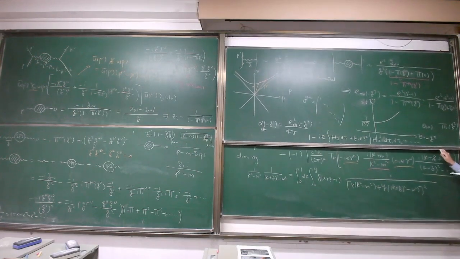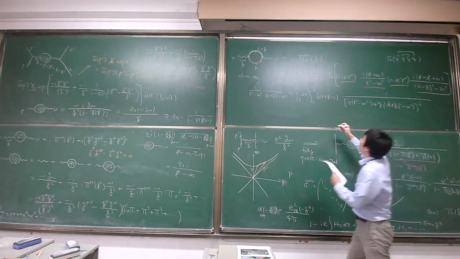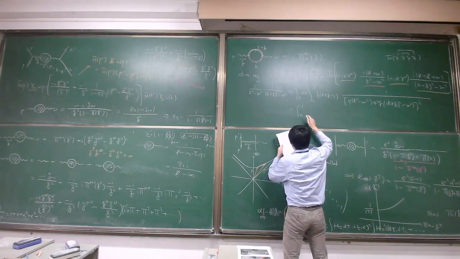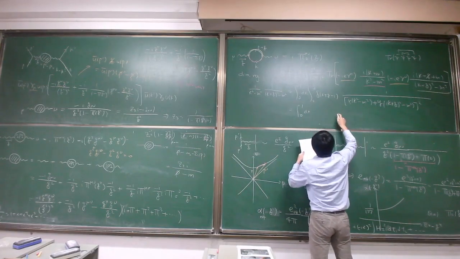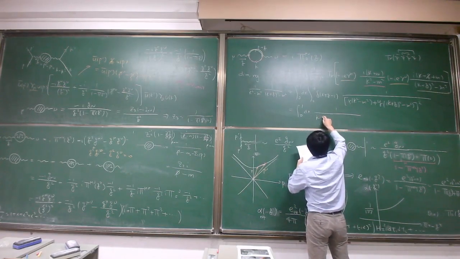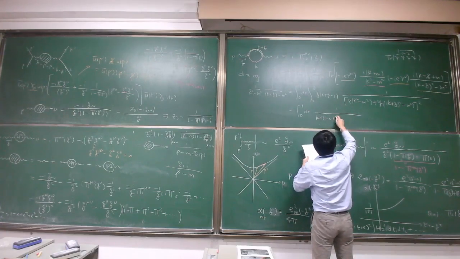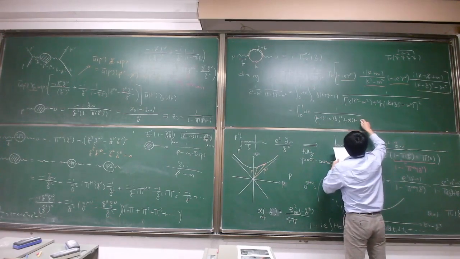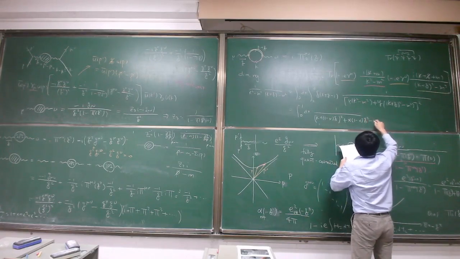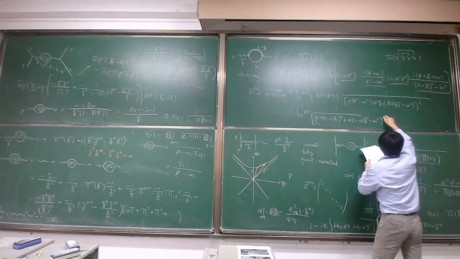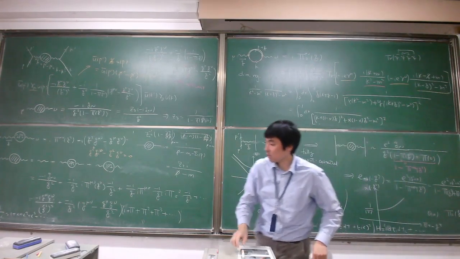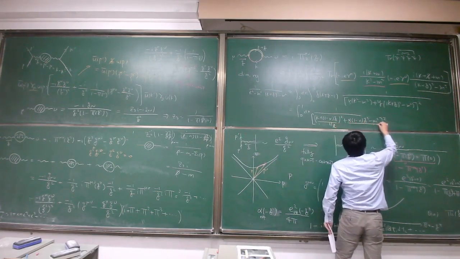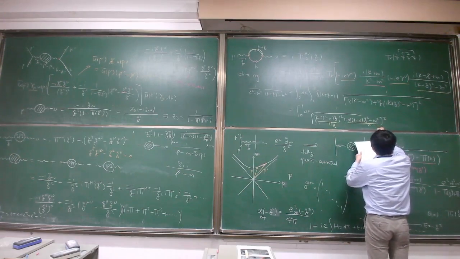And then you just manipulate a little bit. And this is equal to one over, and I call this one L. I call this one L. And this one is equal to minus delta, yeah, minus delta.